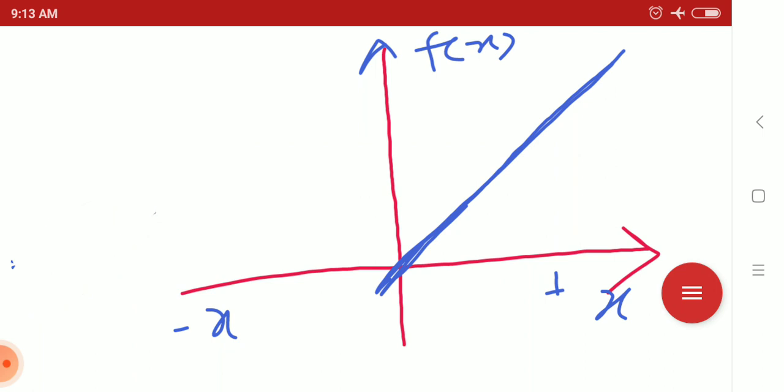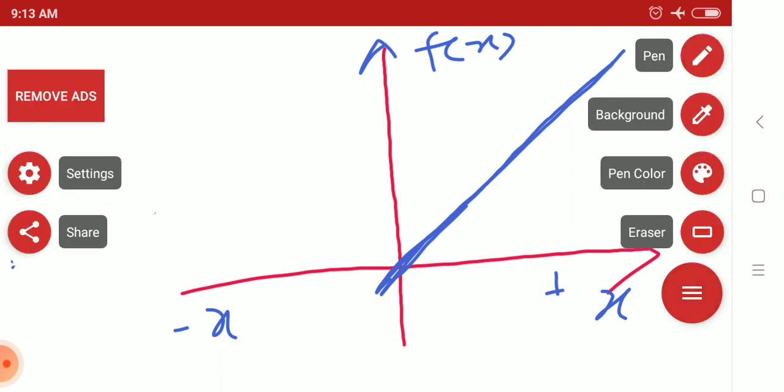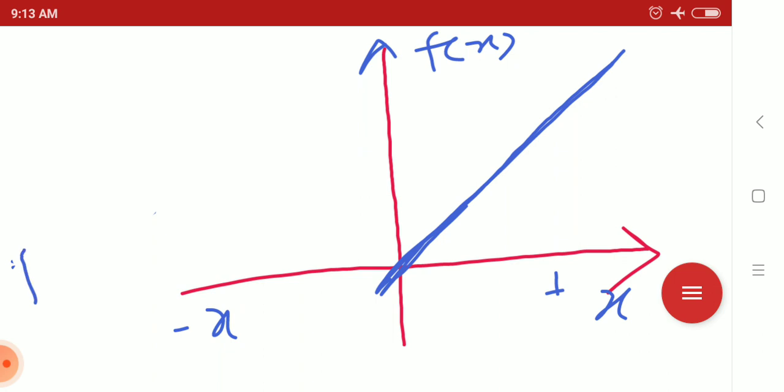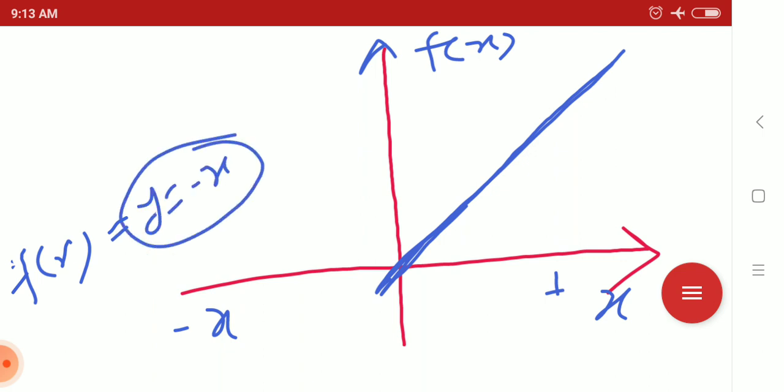And for x less than 0, f of x means y equals minus x. It will also be a straight line, but the slope is m equals minus 1.